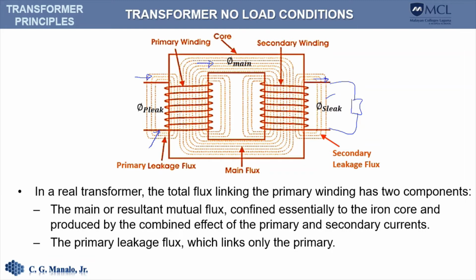So in a real transformer, the total flux produced by the current in the primary winding is made up of the main mutual flux, because it also links the other winding and is confined entirely inside the iron core, plus a small amount of flux we call the primary leakage flux, which only links the primary.